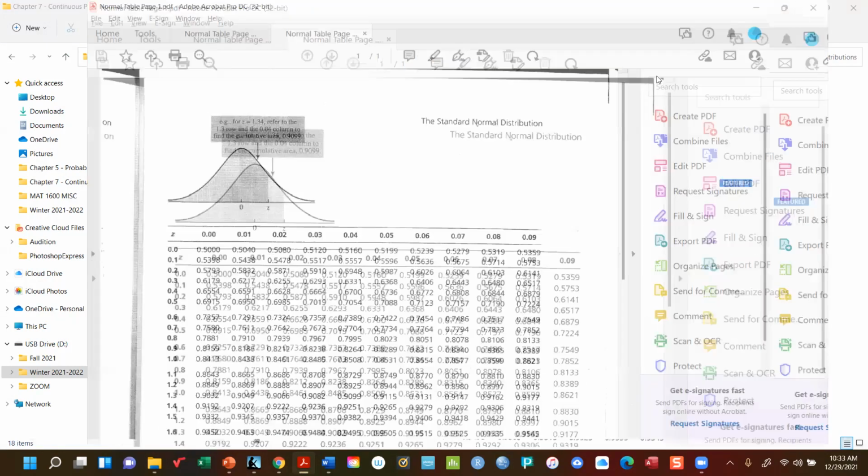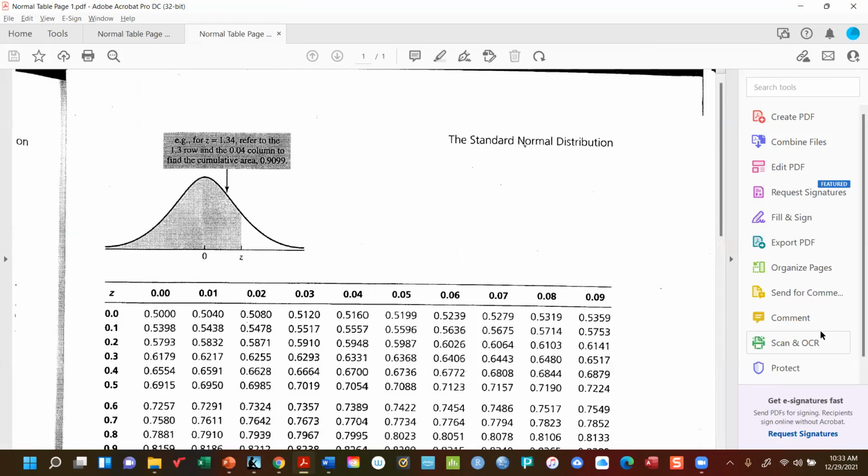How about if we're looking for the probability that Z is less than or equal to 0.87. Now 0.87 can be written as 0.8 plus 0.07.